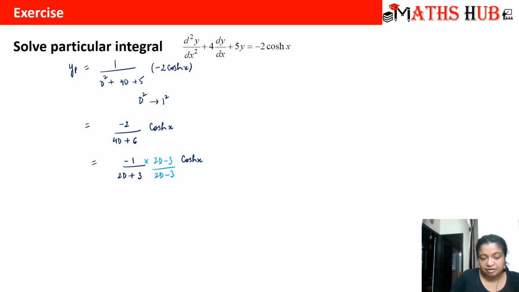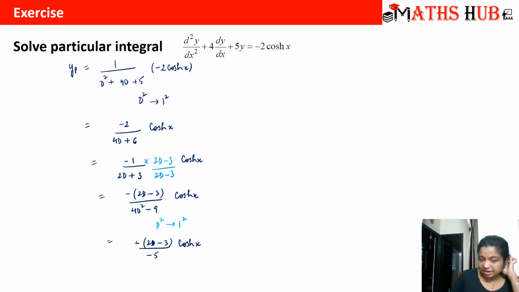So that turns out to be minus of (2D minus 3) divided by (4D square minus 9) times cos hyperbolic x. Again we replace D square with 1, so that becomes minus (2D minus 3) divided by 4 minus 9, which is minus 5, and we are left with cos hyperbolic x. The minus sign gets cancelled.